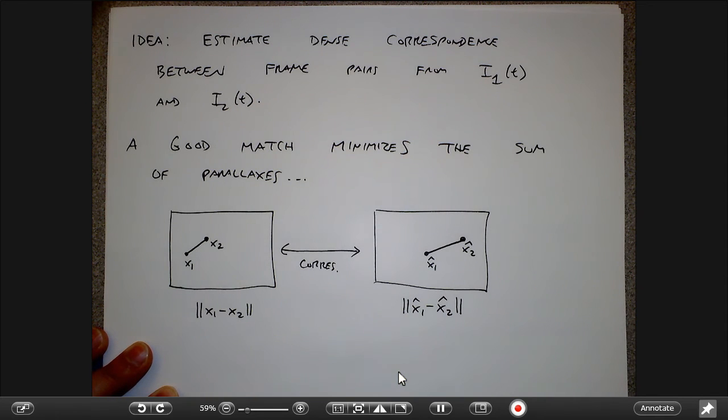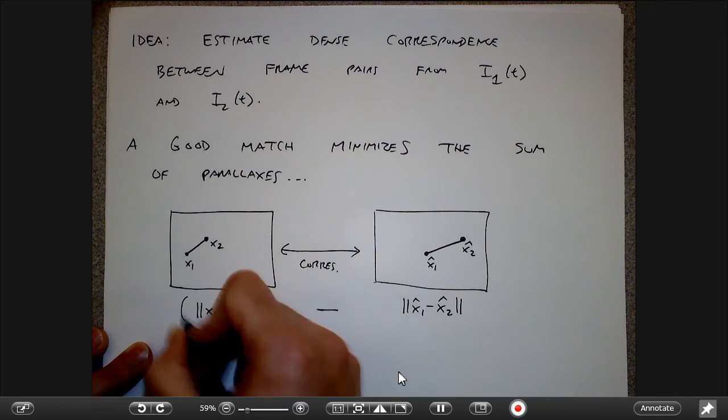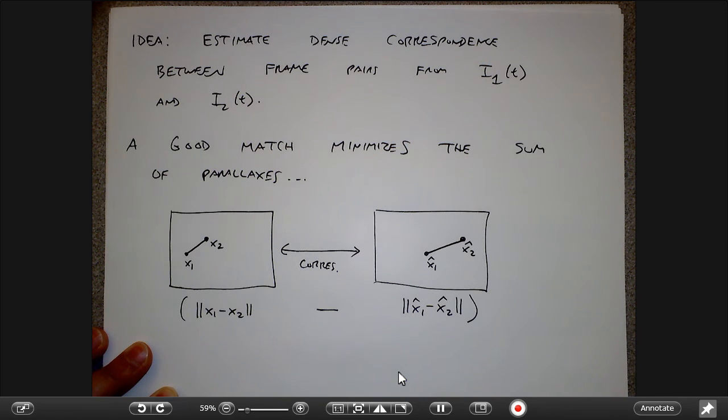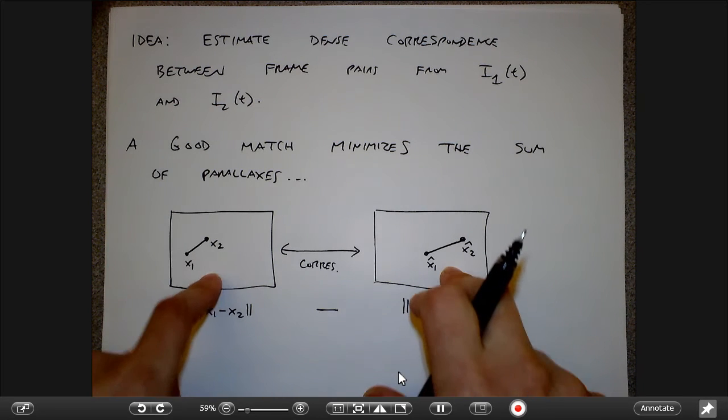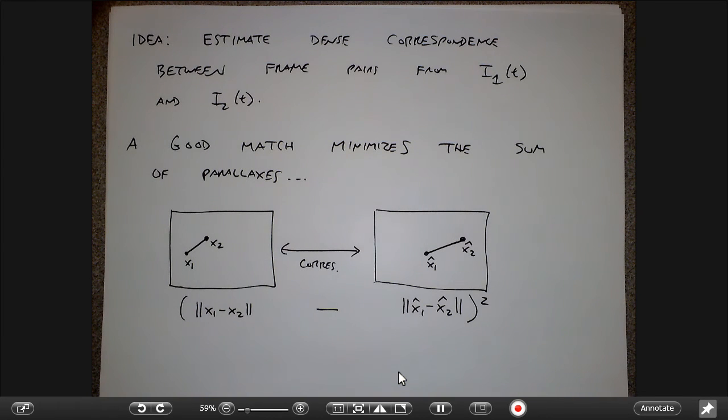And so what I could do is try to minimize this distance, right? That's like saying that if a pair of points is 5 away from each other over here in image 1, then the correspondence should be 5 away from each other over here in image 2, right? This compensates for things like rotation and translation of the image.